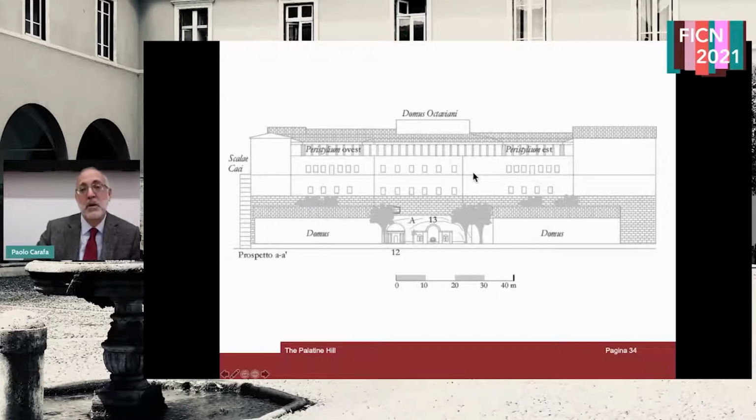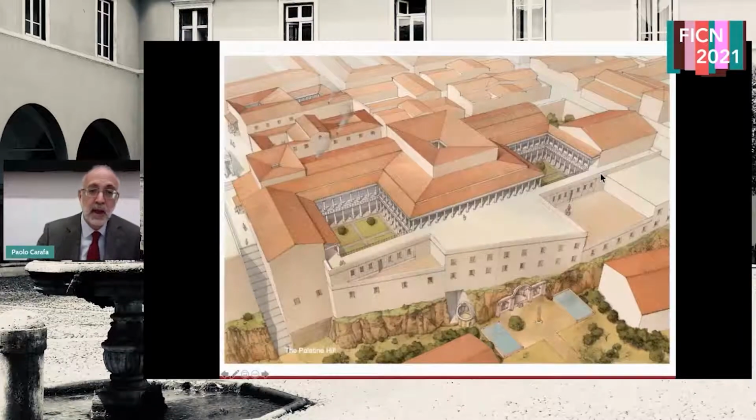This is a possible image of the facade, the entrance to the sanctuary and the cave, a retaining wall sustaining the rocky cliff of the hill, and the huge mass of this new house created by Octavian. And once again, to amuse ourselves, this is a possible idea of how these monuments looked.